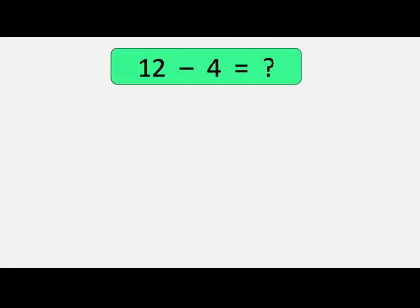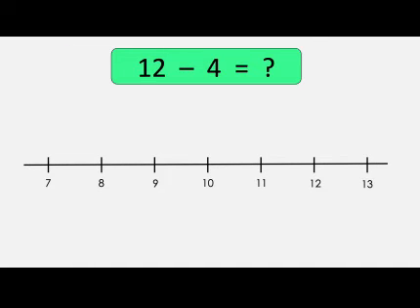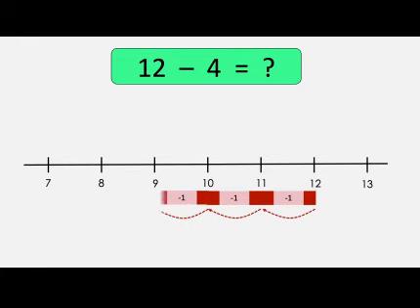Let's check if you understand when we look at subtracting numbers. What is 12 minus 4? Or make 12 less by 4. We can use the number line also to work this out. We can start at 12 and count backwards 4 steps. 12, 11, 10, 9, 8.